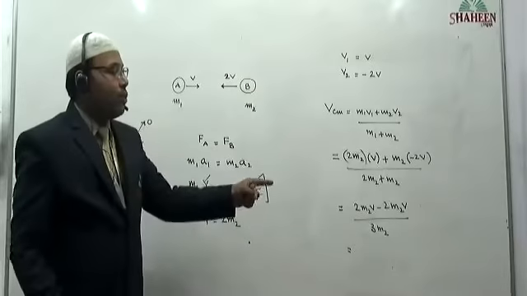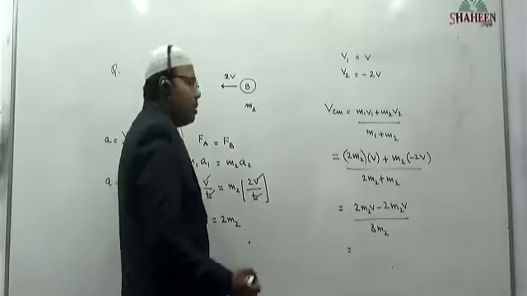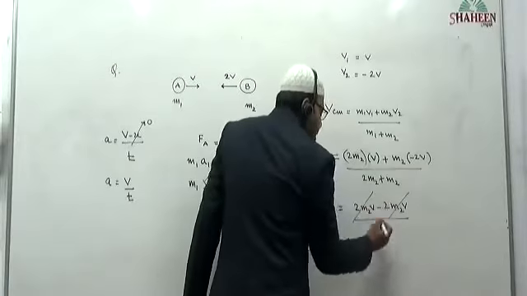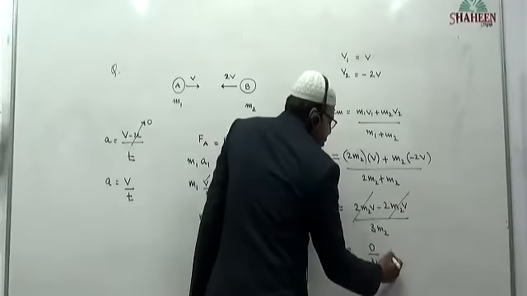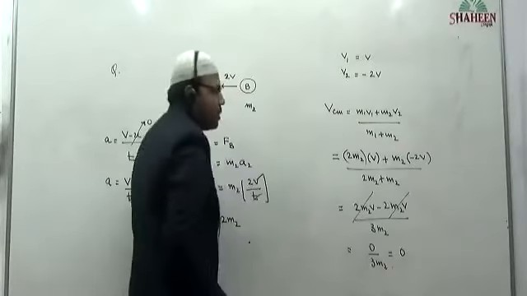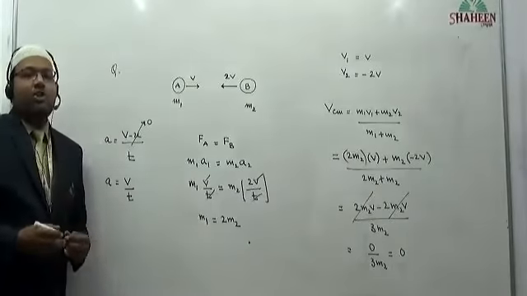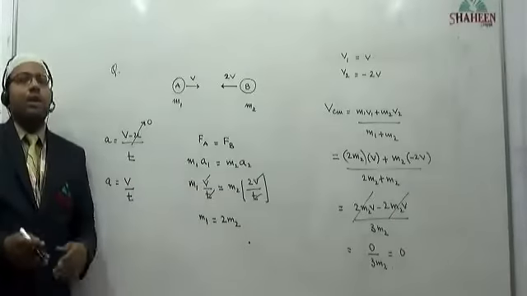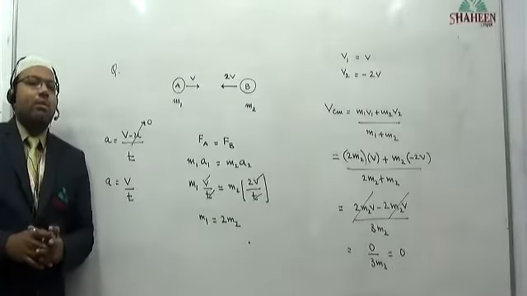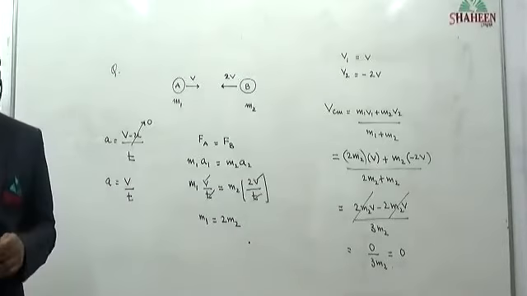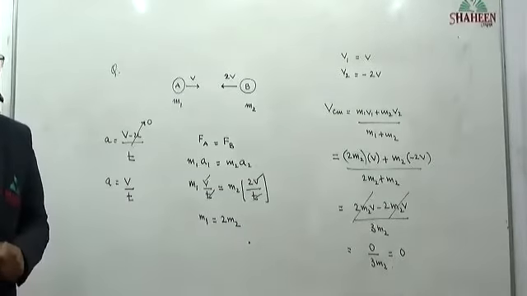Now what is 2m2v minus 2m2v, beta? ये देखिए, this part and this part get cancelled. It is 0. 0 by 3m2, 0 by something is 0. That means the velocity of the center of mass under this situation again is 0. That means the center of mass is at rest. Copy कर लीजिए. The center of mass is at rest.